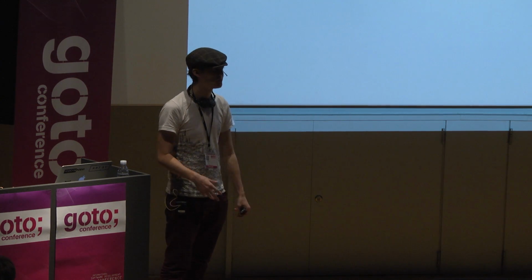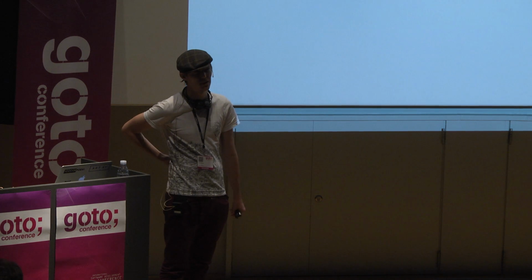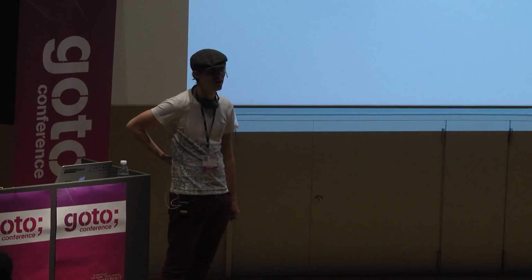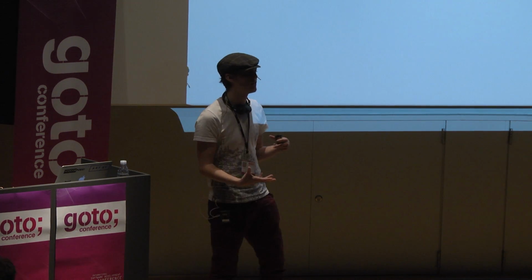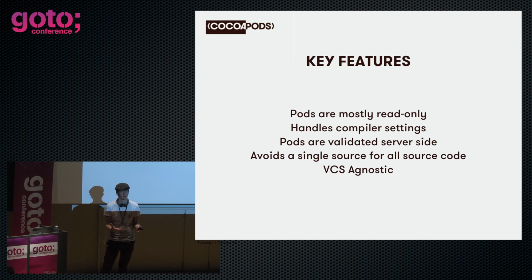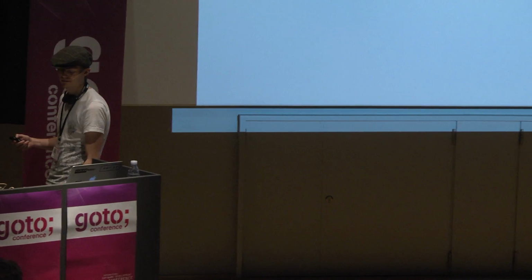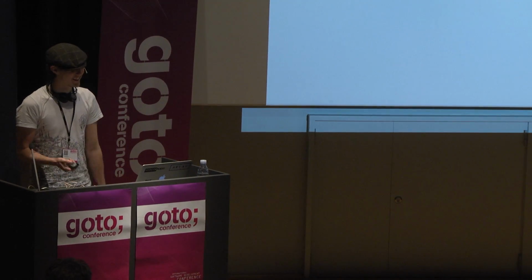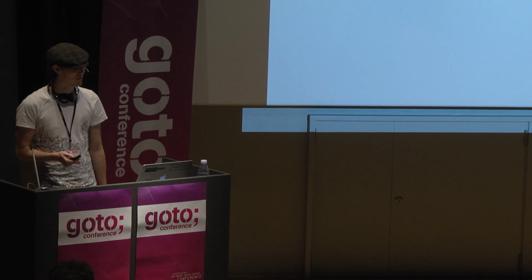It could be on some HG tag. It could be in a Git repo. It could be on Subversion. And we're totally version control system agnostic in terms of major open source ones. I'm pretty sure that something like Team Foundation isn't supported, but maybe if Microsoft open sources it.